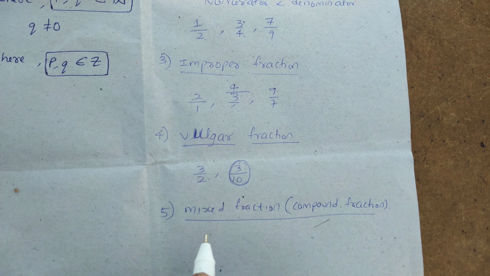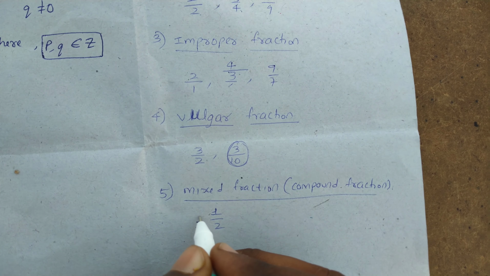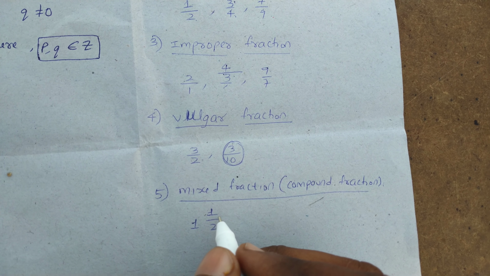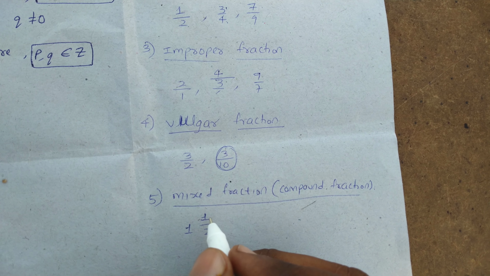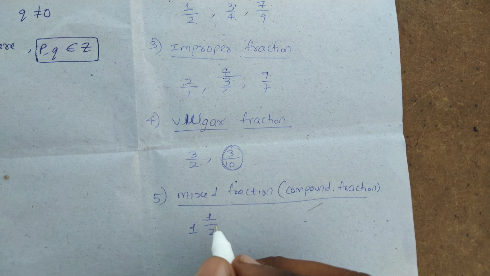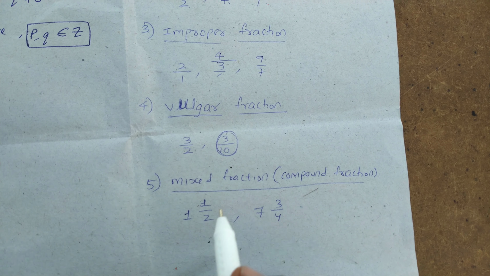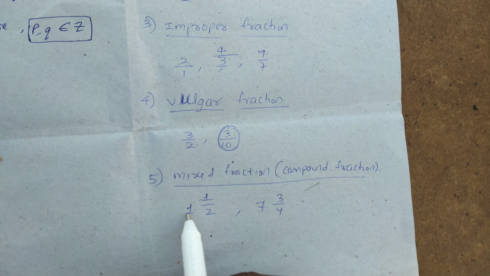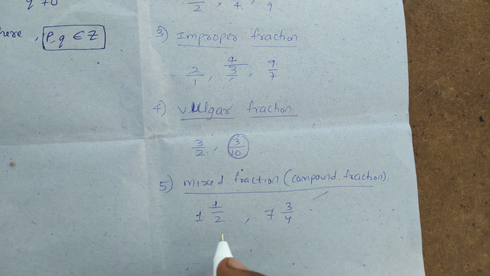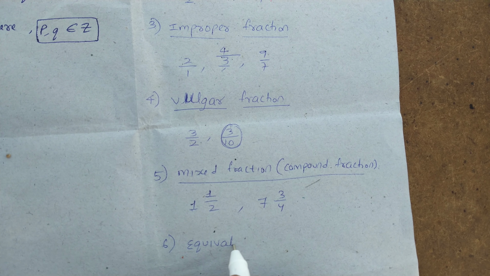Proper fraction's definition I have already told you, where the numerator should be less than the denominator. So it is a proper fraction combined with a whole number. This is called a mixed fraction. For example, 7 and 3 by 4 is also called a mixed fraction. If it is in this format, a combination of a whole number and a proper fraction, then it is called a mixed fraction.